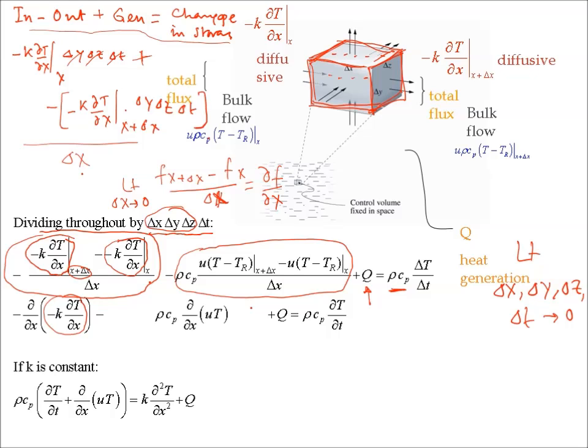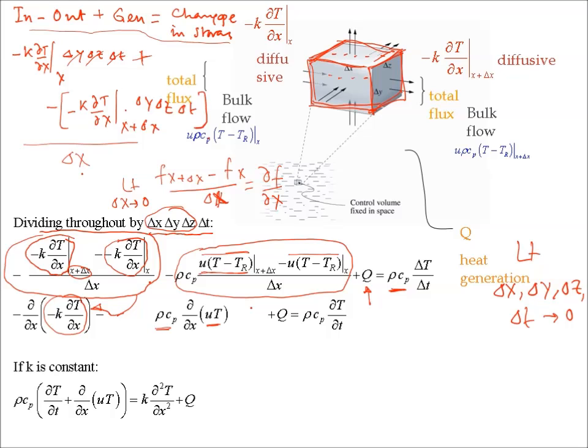So I'm writing del x of the function, which is this, minus k del T del x. So in the limit, this becomes this term, and then this one, minus rho Cp, is fine, and then again the function at x plus delta x and the function at x divided by delta x, so that must be the derivative of this. So that's the derivative.